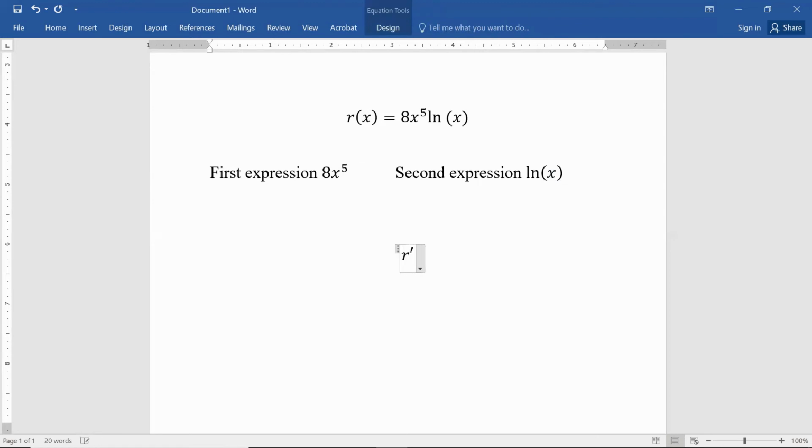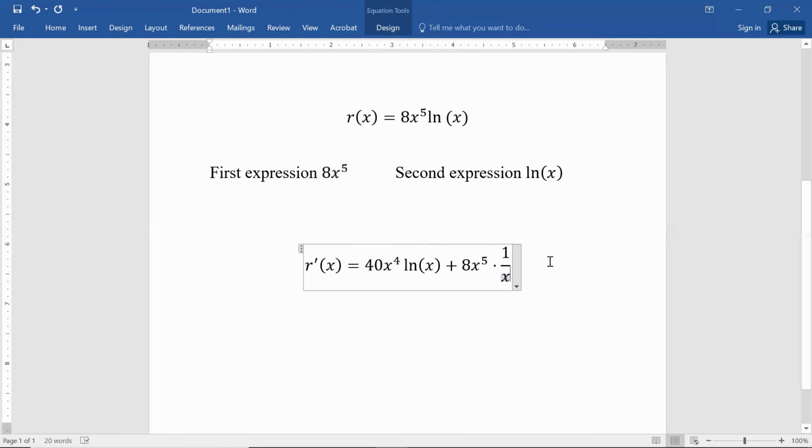This means that the derivative of r will be the derivative of the first expression, 40x to the fourth, times the normal second expression, natural log of x, plus the normal first expression, 8x to the fifth, times the derivative of the second expression, 1 over x. The derivative of natural log is 1 over x.